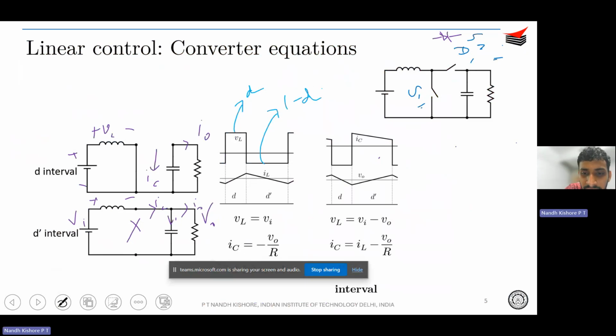Similarly, IC is equal to minus I naught during the D interval, and IL minus V naught by R during the 1 minus D interval. This is simple enough, I guess. So you have your IL over here and V naught over here. So far so good for a boost converter.